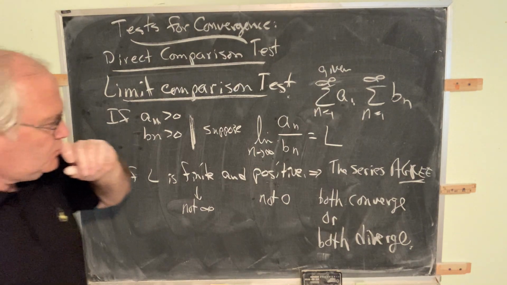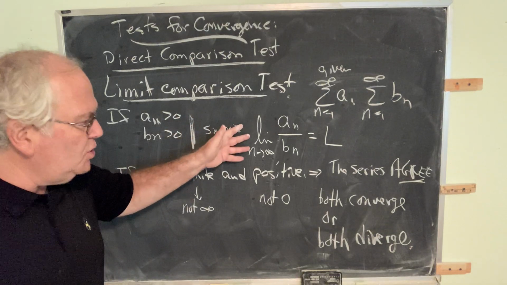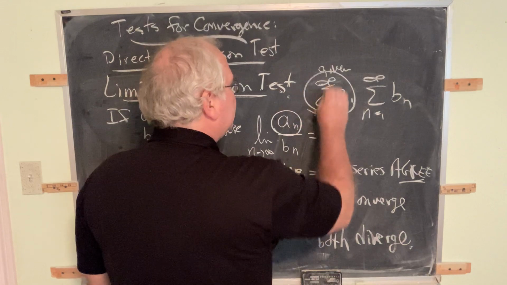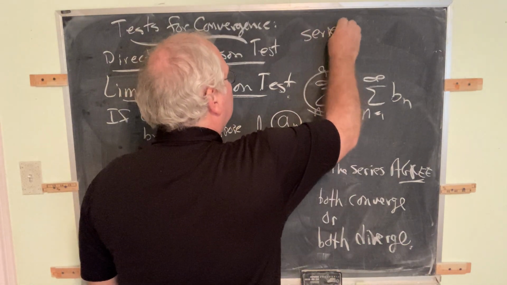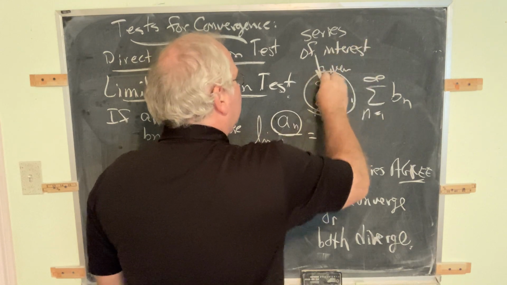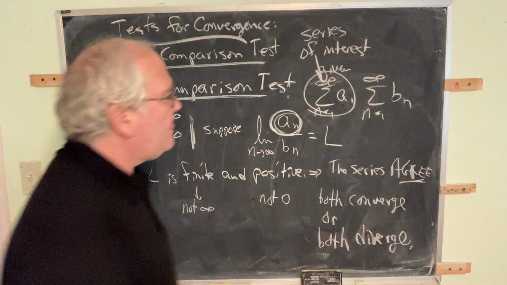So what does this mean? Typically, as a matter of practice, usually the way this works is this. This is the series of interest. An is the series whose behavior you want to learn.